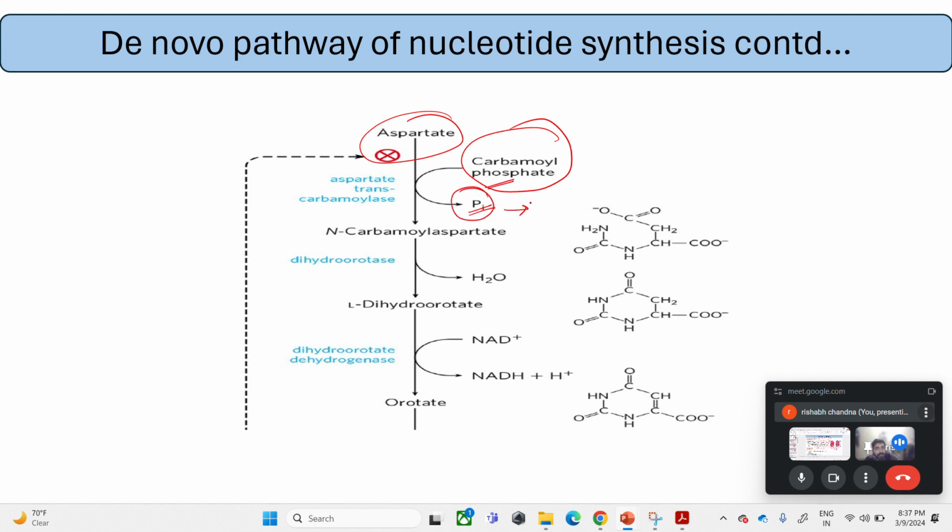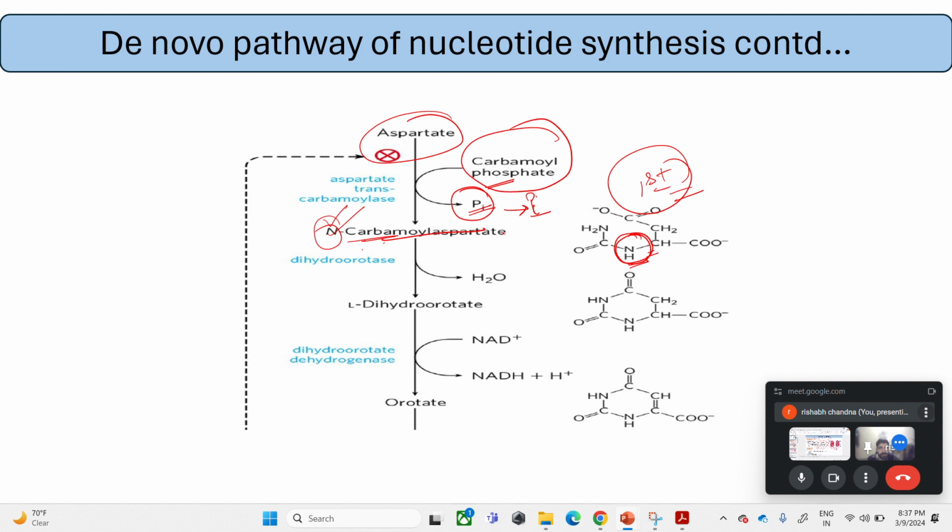Okay, the Pi, inorganic phosphate, is released, and here forms the N-carbamoyl aspartate. Okay, why N? Because this carbamoyl moiety is attached to the N group. So this moiety is attached to this particular N. So that is why it is N-carbamoyl aspartate. This is the first intermediate in this step.